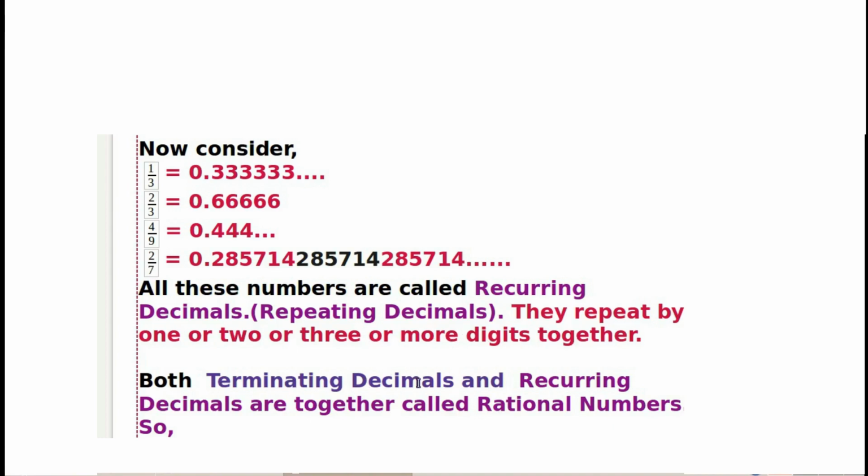Both terminating decimals and recurring or repeating decimals are together called rational numbers. Once again, both terminating decimals and recurring decimals are together called rational numbers.